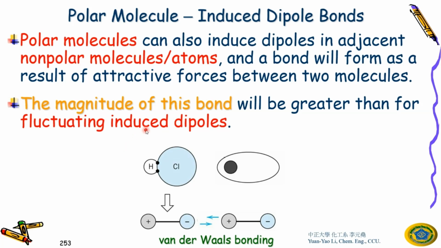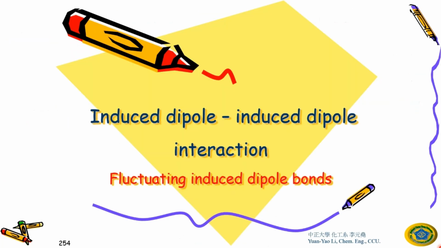We are going to talk about this on the following page. So the third interaction is called induced dipole interaction, or we can call it fluctuating induced dipole bonds or fluctuating induced dipole interaction.